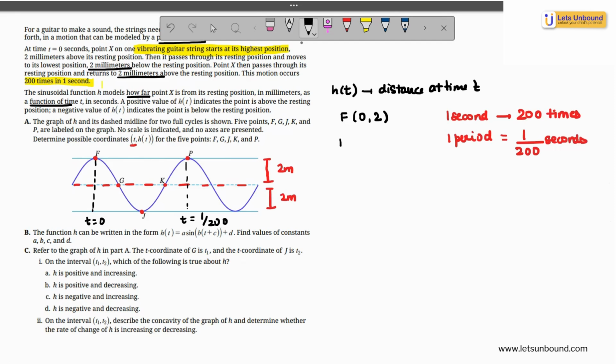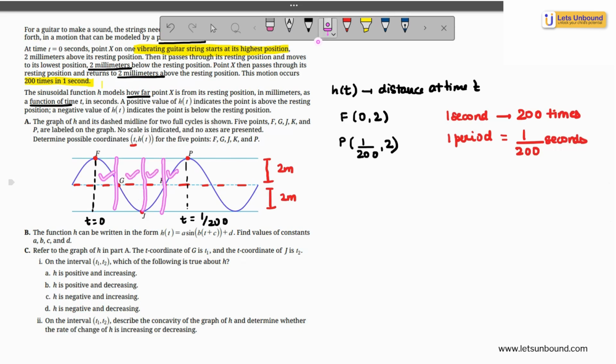So t equals 1 over 200 for p. I can say the coordinates of P in that case will be 1 over 200 for the t coordinate, and the height we said is positive 2. So I have also determined my coordinate for P. Now considering that F to P is one cycle, you can see t equal to 0 and t equal to 1 over 200 have been divided into 4 equal parts: 1, 2, 3, 4.